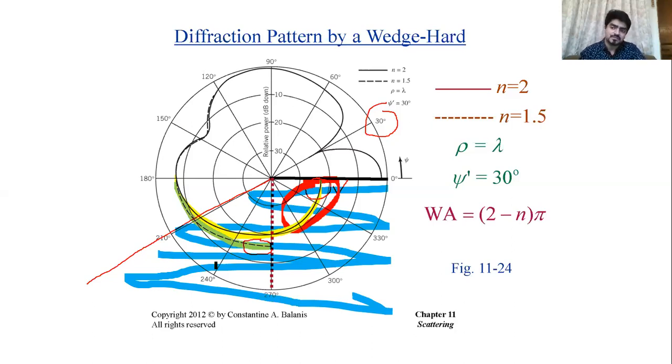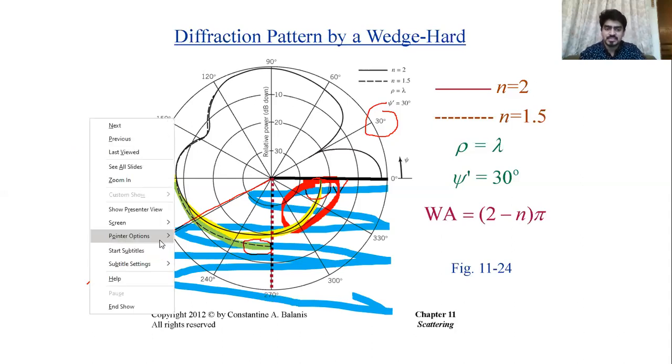And as a result, since your E field is perpendicular to the edge of your wedge, you will have a higher value of the diffracted fields. That's why you see in the shadow region very high values for the E and H scattered fields. Because it's a hard polarization, you have a strong diffraction from the edges.